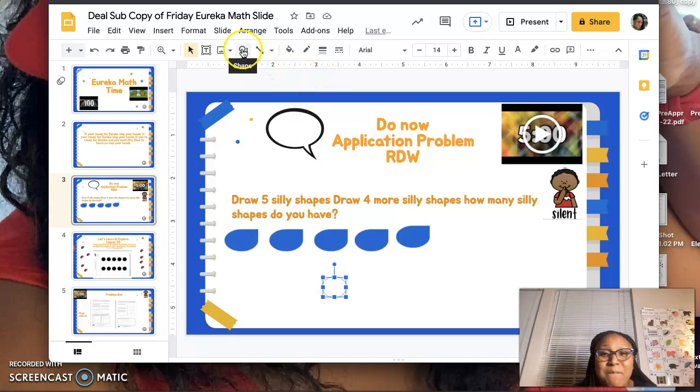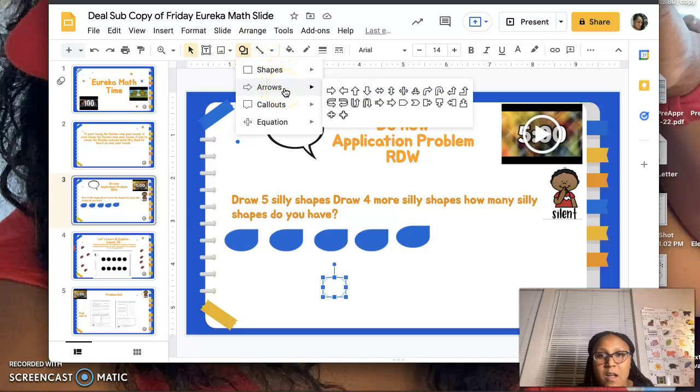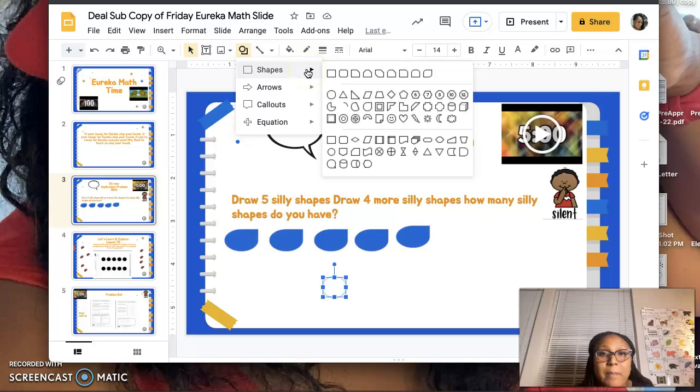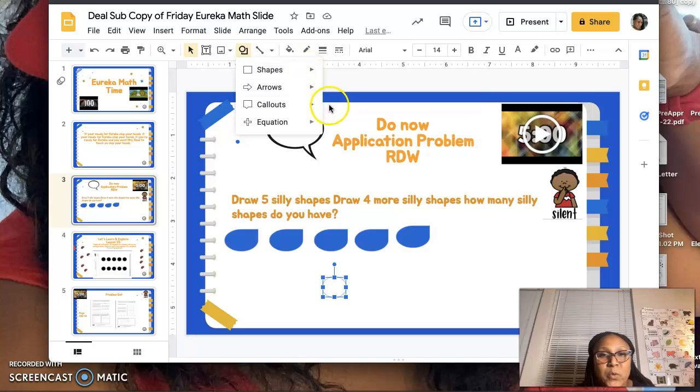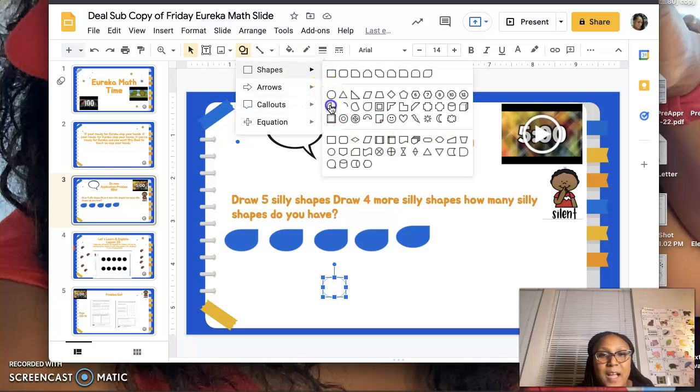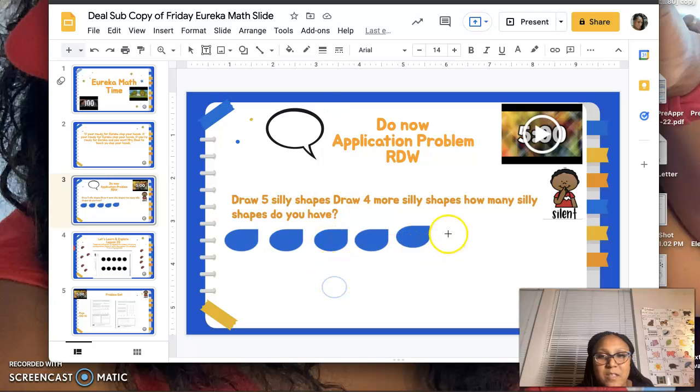So here I go with my 4 more silly shapes. Which shape am I going to draw this time? I want to try this one. Here we go. 1. Oops.